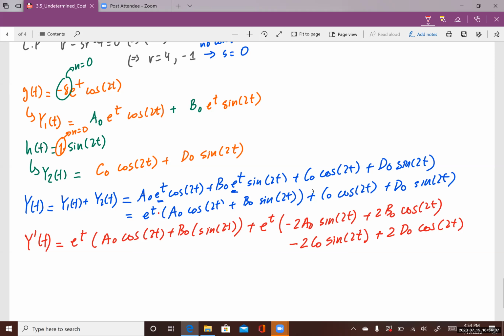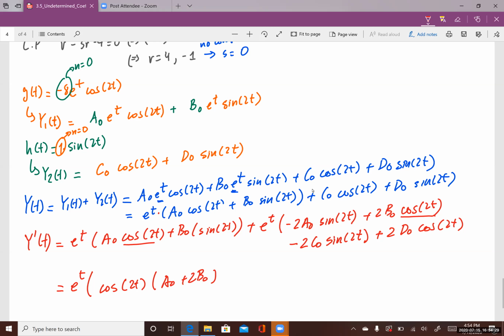So this is the first derivative, but again, I want to combine like terms with e^t. So I have cosine 2t, cosine 2t. What are the coefficients? I have a0 and I have 2b0. Okay.